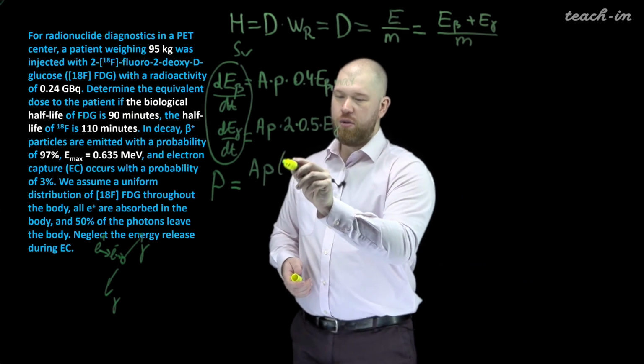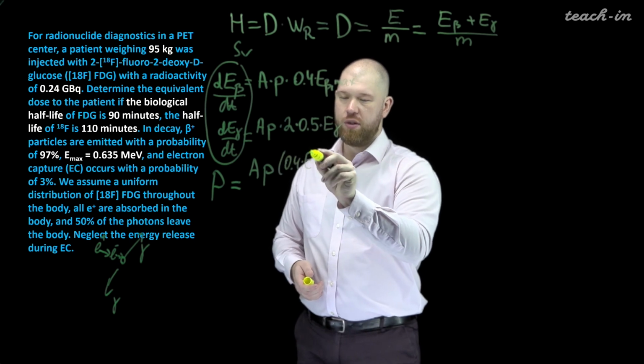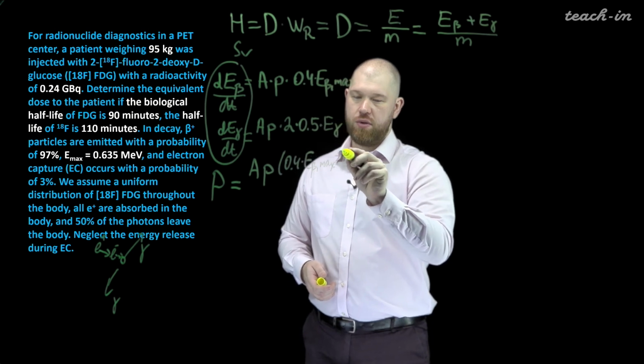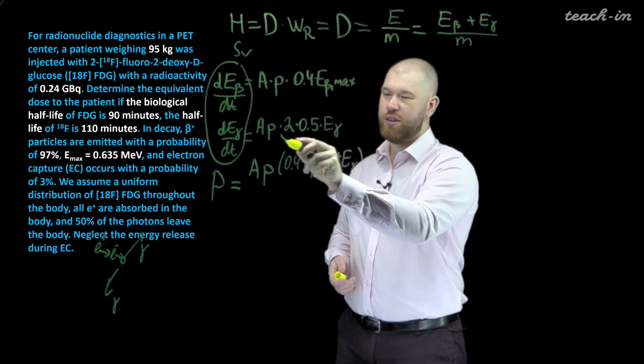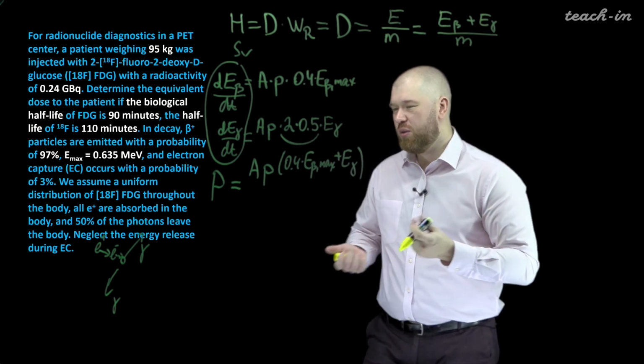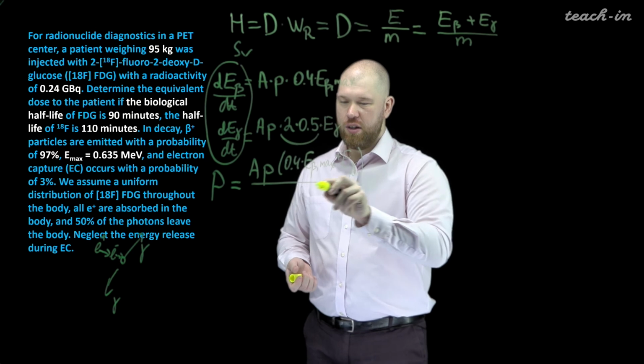And here it will be 0.4 E beta maximum plus E gamma. These multipliers will give us just 1, so we will not use them. And here is the mass.